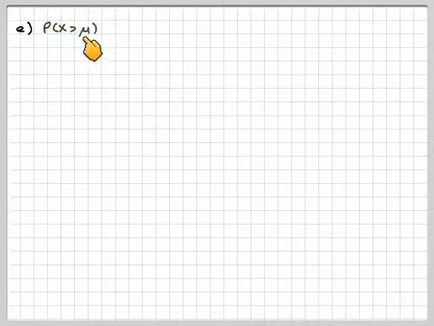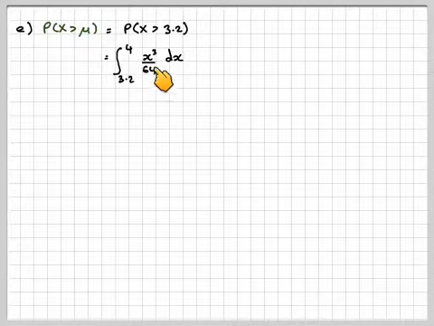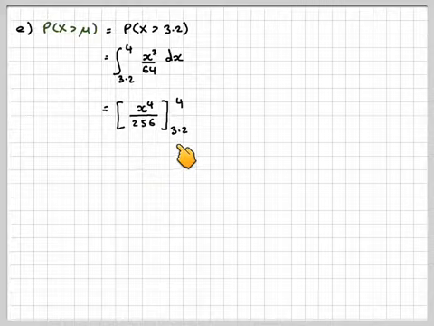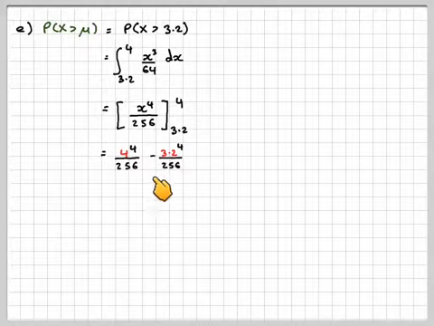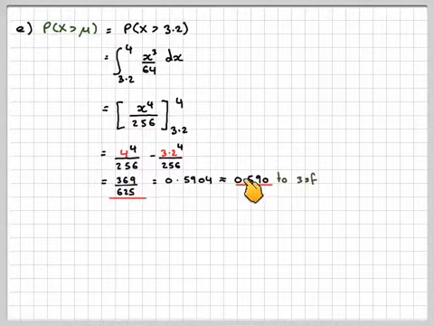The probability that x is bigger than the mean is the probability that x is greater than 3.2. So we have to integrate the function from 3.2 to 4 of x cubed over 64 dx. That gives me x to the 4 over 256 from 3.2 to 4. 4 to the 4 over 256 minus 3.2 to the 4 over 256 gives me 369 over 625, the exact answer, or 0.590 to 3 significant figures.